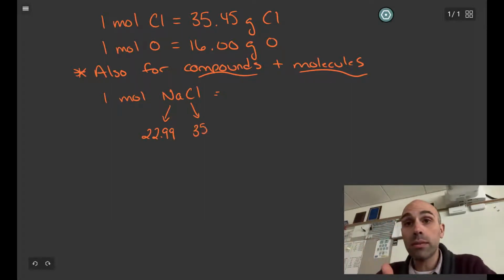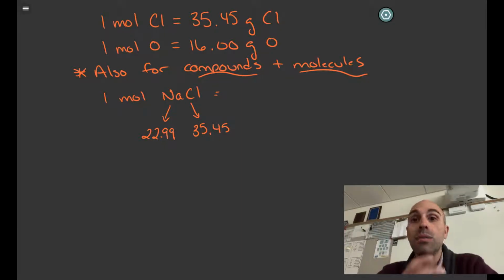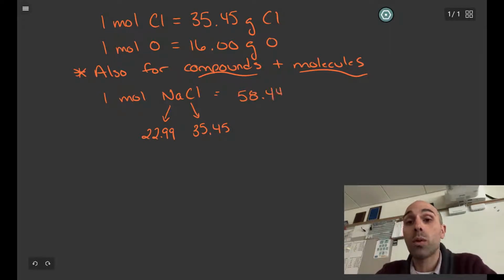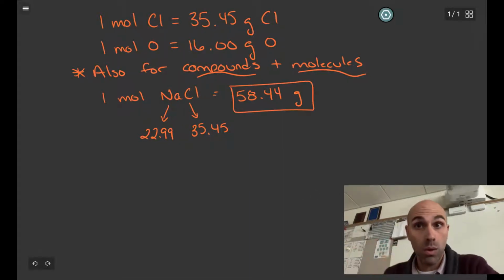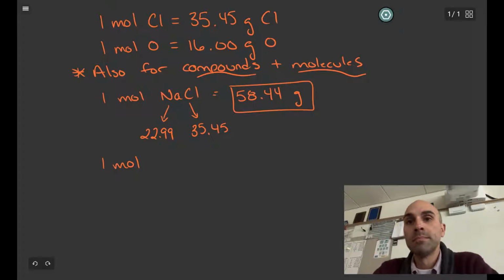So all you have to do is take the 1 sodium, 22.99, take the 1 chlorine, 35.45, and then you simply add them. It is 1 to 1. When you add those, you get 58.44 grams. That would be 58.44 grams per mole of sodium chloride.